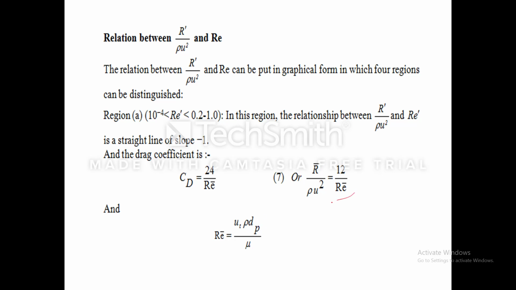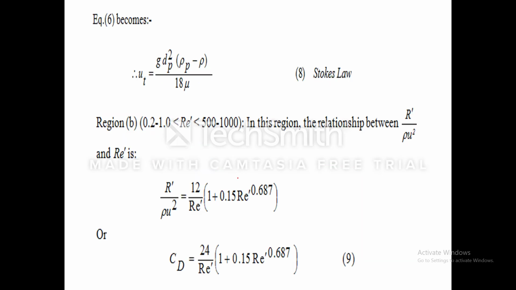This relation, you don't have to keep them, but you have to know that when I say Stokes law, you will use this equation or this equation. So equation 6 becomes Ut equals dp squared (rho p minus rho) g over 18 mu, and this is Stokes law.